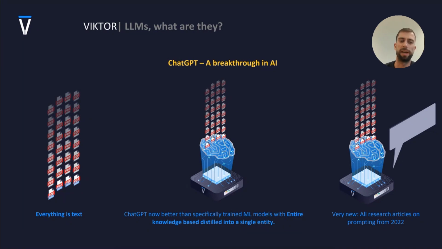But just by adding so much text and so much information, ChatGPT is now actually better capable in asking questions about specifically trained machine learning models. It's really quite interesting because it has capabilities that we don't even know of. So everyone is still discovering what it can do.